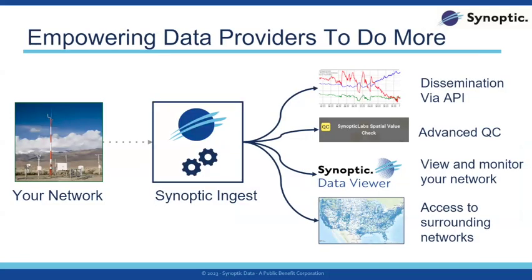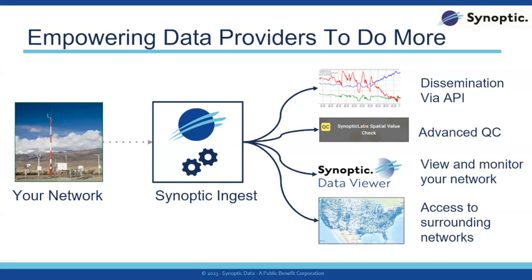Talking more about what Synoptic does for a single data provider: we work with each data provider to get their data from them and then provide an API service back to them with quality control, provide the Synoptic Data Viewer that I will demo after this, and access to all of the surrounding networks.